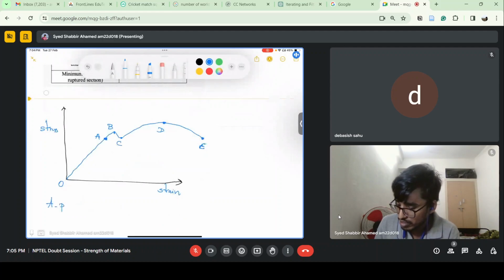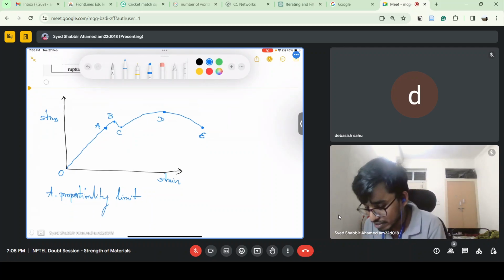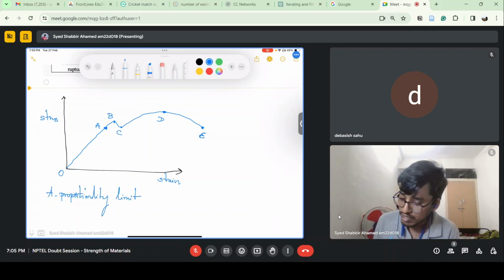This point is called the proportionality limit, because stress is varying linearly, or proportionally, with respect to the strain.